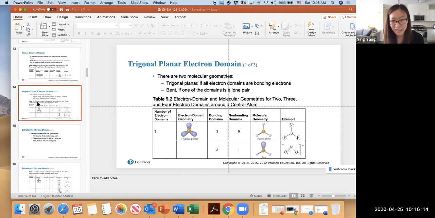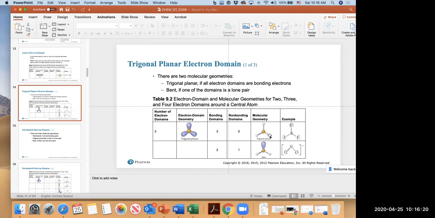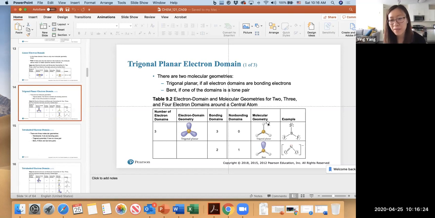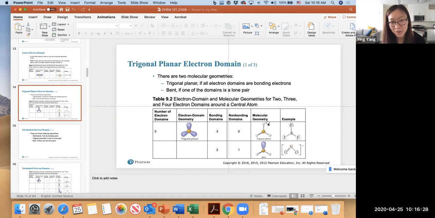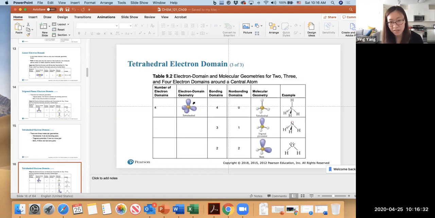So this is linear, and what we just showed you is trigonal planar, because it only has 3 electron domains. When we have 3 electron domains it is trigonal planar, and when we have 4 electron domains it is tetrahedral. But then you count how many bonding electron domains you have, not how many non-bonding domains.